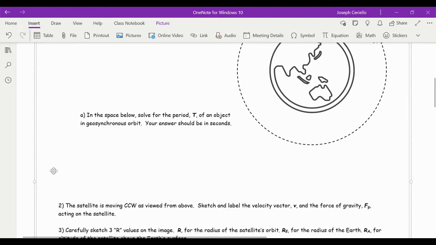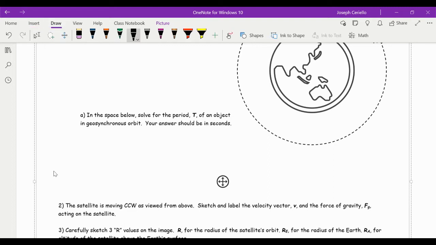So in the space below, solve for the period T of an object in geosynchronous orbit. So I just want to solve for basically how many seconds are in a day. So let's start with, we'll do this in black. T equals, well, we have 365 days in a year, about. And we have 24 hours in a day.